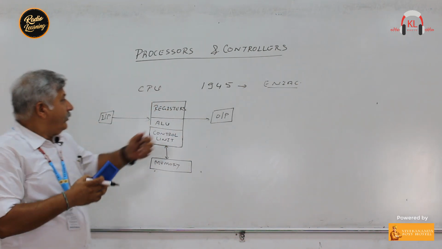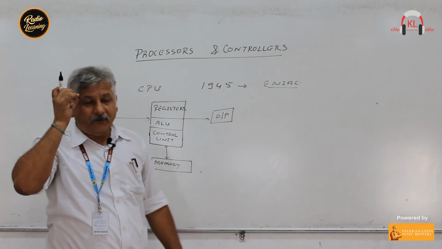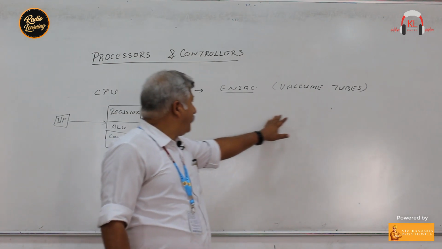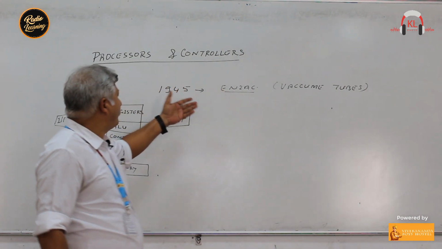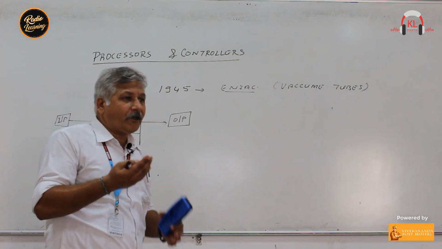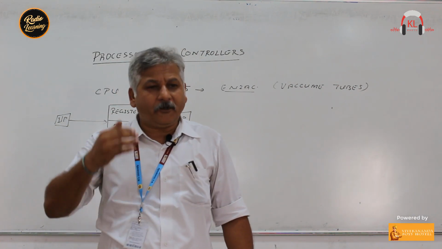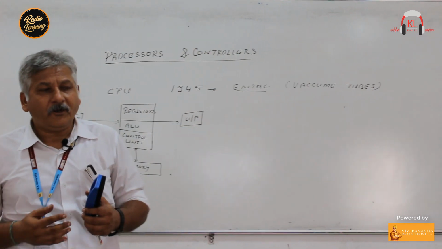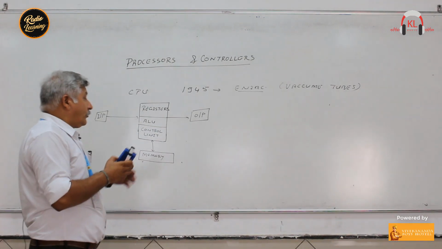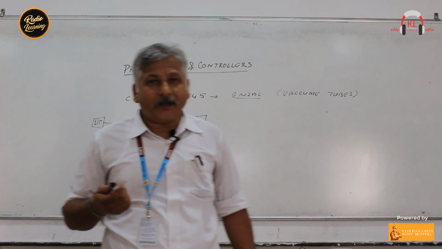Now, for the production of this CPU, vacuum tubes were used as the basic components for the manufacturing of this digital central processing unit. But there is a problem with vacuum tubes. During operation, they produce a lot of heat, and due to that heat there is a chance of failure of the vacuum tubes.